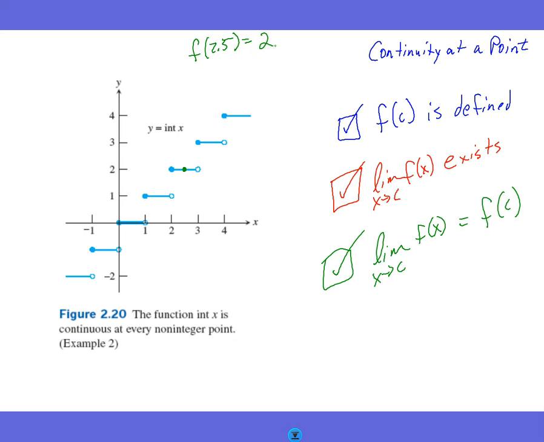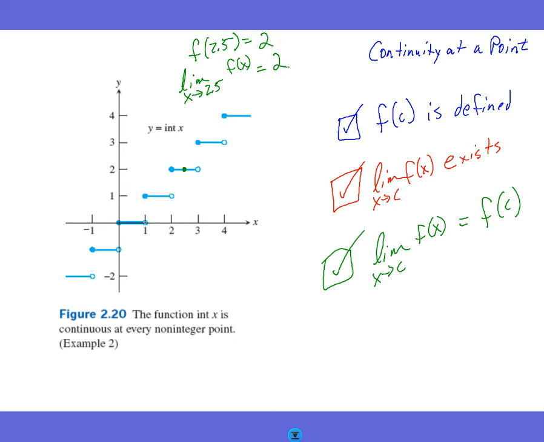That's defined. Check. Does the limit of f of x exist as x approaches c? So as x approaches 2.5, what is the limit of my function? Hopefully, you see that as being 2.